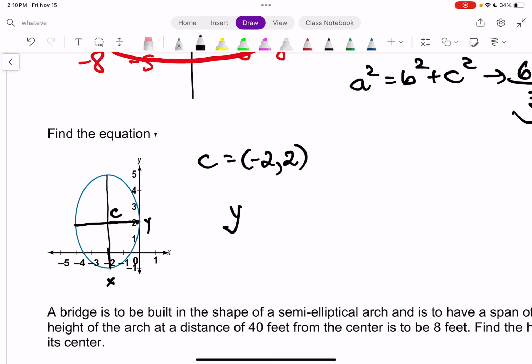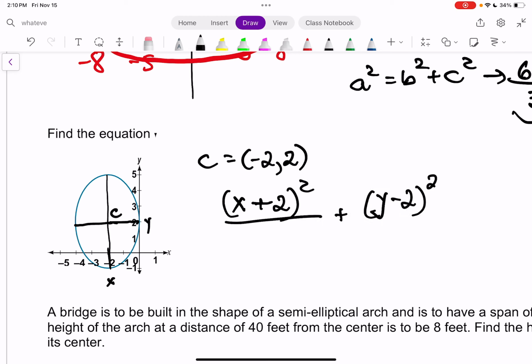So from x, I have to subtract the negative 2. From y, I have to subtract the positive 2. And then I just have to count how many units in an x direction, how many units in a y direction we are moving.